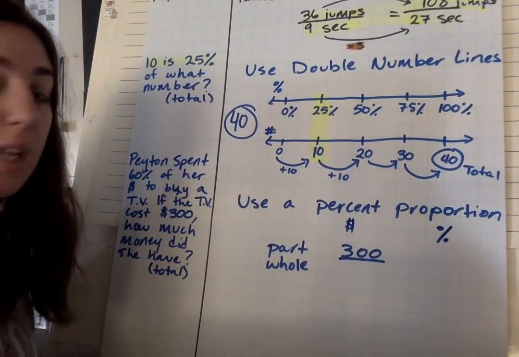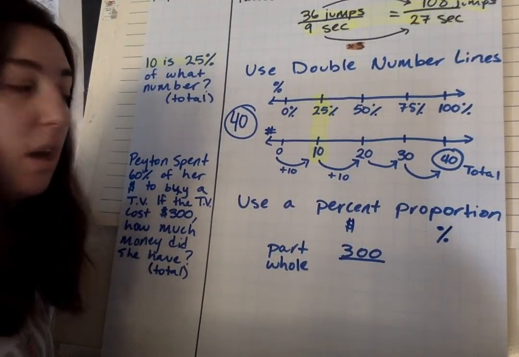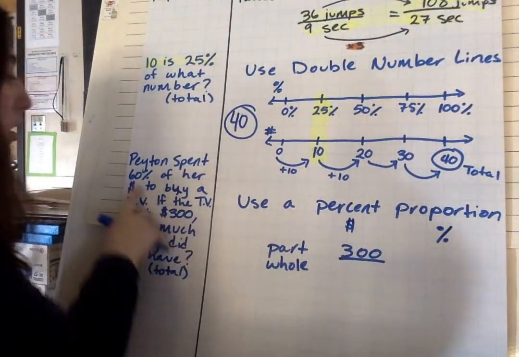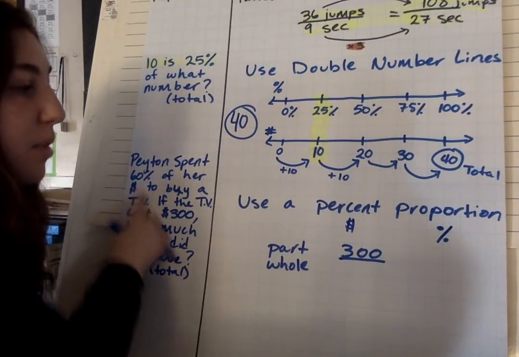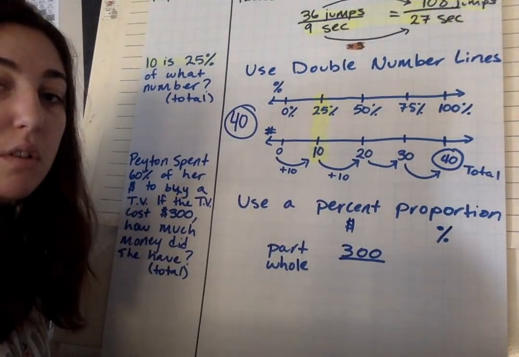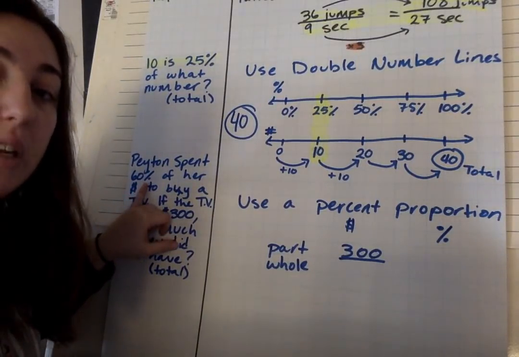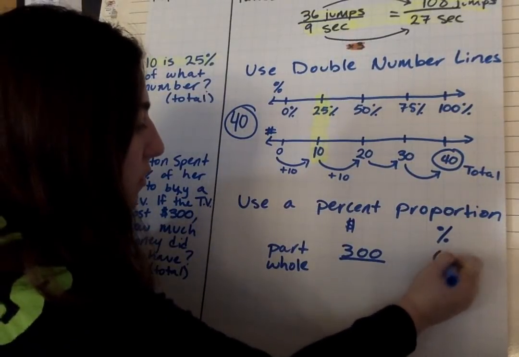Alright, so now what we want to find is the whole, but that's something we don't know yet. So we're going to make our next one. And our next ratio is going to be based off of this 60%. So we need to turn the 60% into a ratio. And we know that 60%, if we turned it into a fraction, is the same as 60 out of 100.